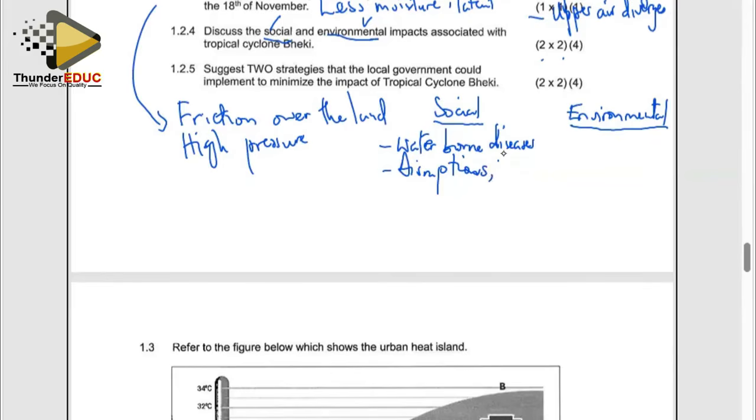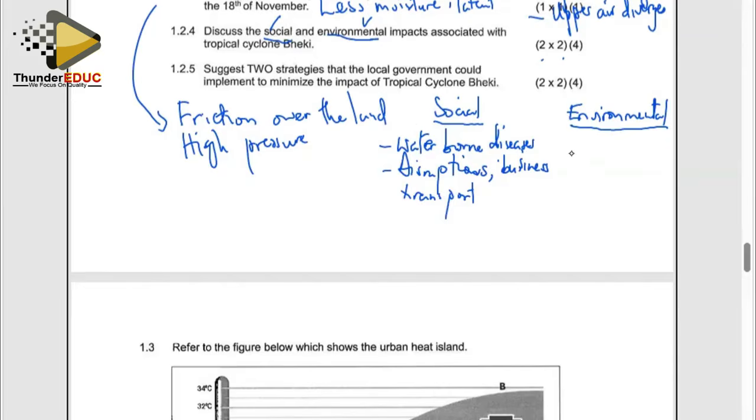Disruptions in terms of businesses of people or their daily activities. They're going to be disrupted. The transport system is going to be affected, which means people cannot effectively move because of the damage that would have been caused by the tropical cyclone. So you address the problem to the way of life of people as social.